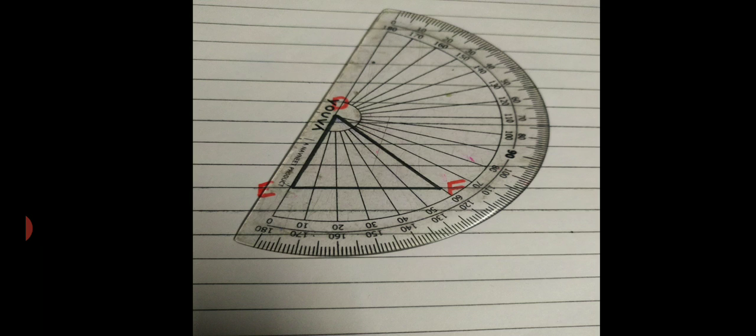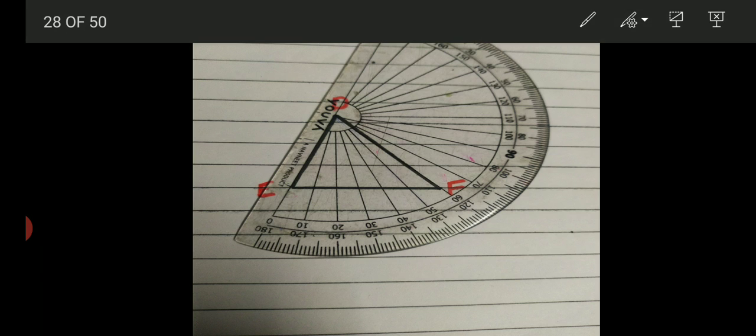Here the midpoint of the protractor, I have placed it on point D. So obviously I am going to find the measure of angle D. One arm of the angle D is going towards the 0 degree, and the second arm of angle D is going towards 60 degree.